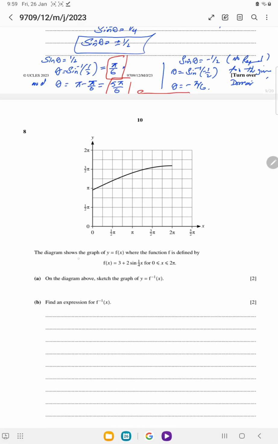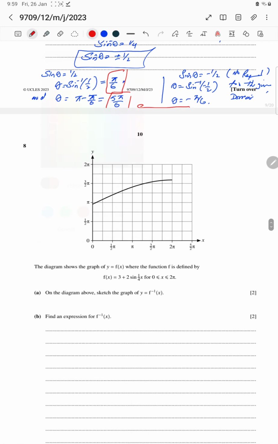Okay guys, the diagram shows the graph of y equal to f of x, where the function is defined by this one. On the diagram above, sketch the graph of f inverse.